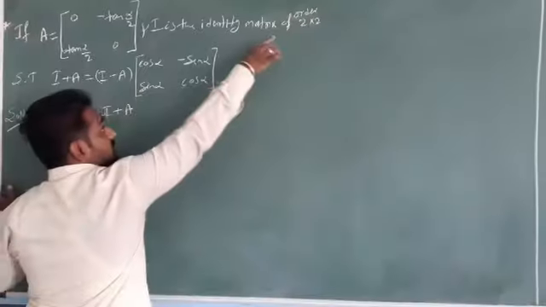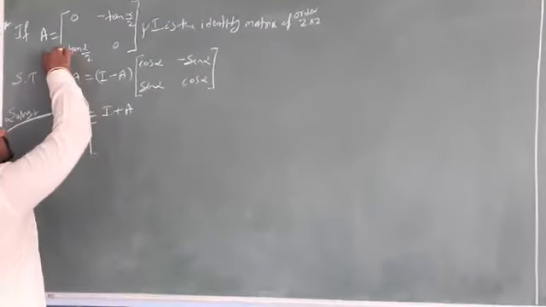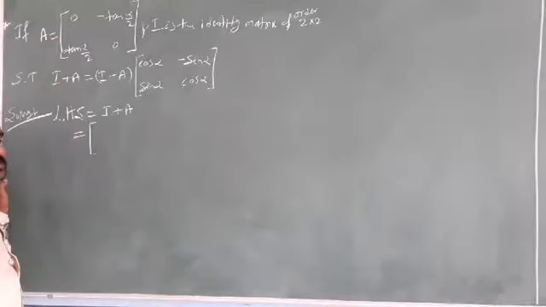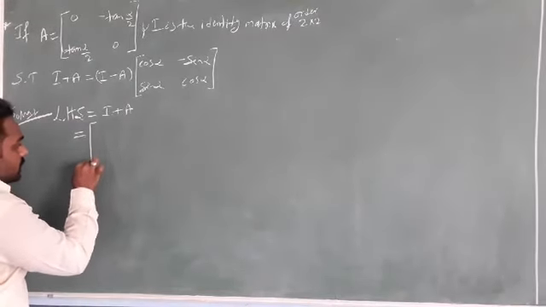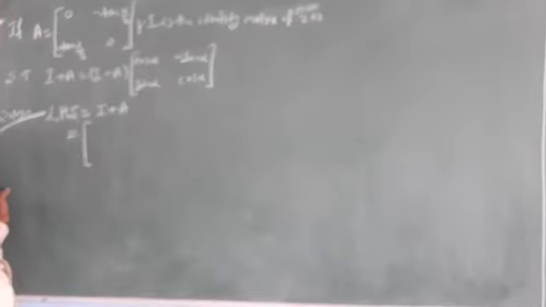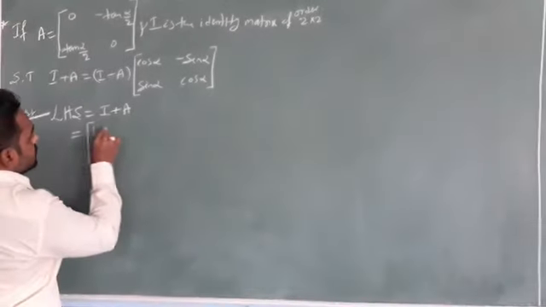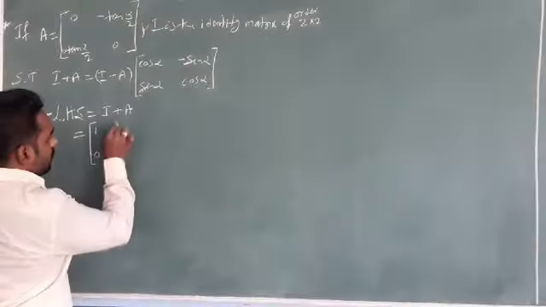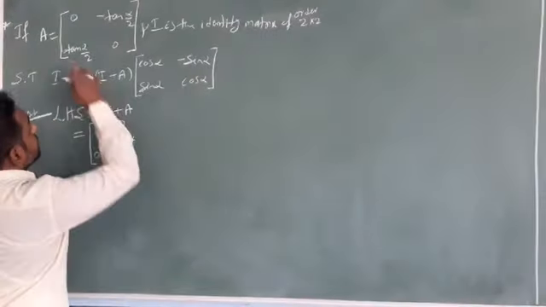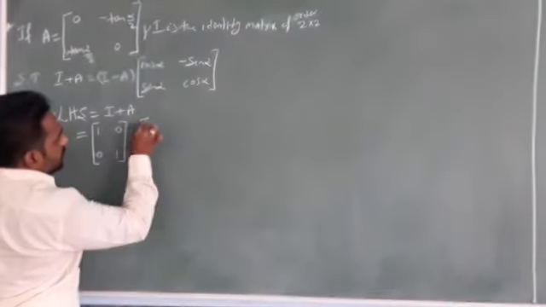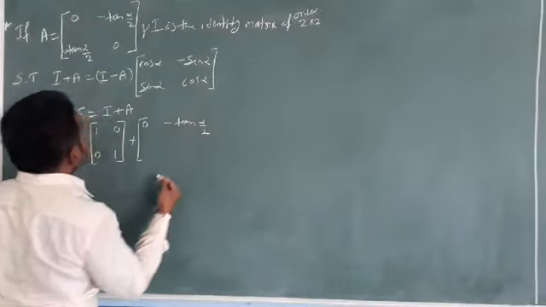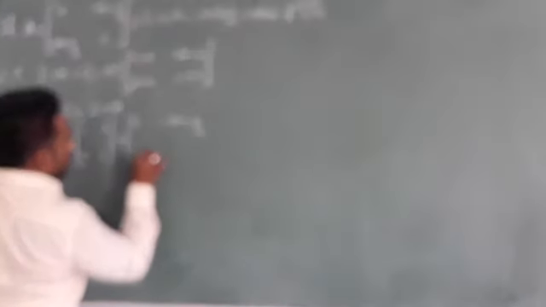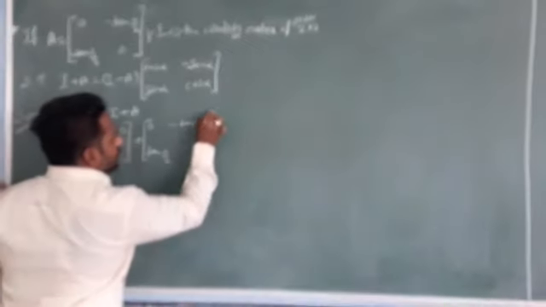Sometimes they may not mention this line also, because whatever the order of the given matrix is, the same order you have to consider for the identity matrix also. So what is that? 1 0 0 1 plus what is A? They given 0, minus tan alpha by 2, tan alpha by 2, 0.